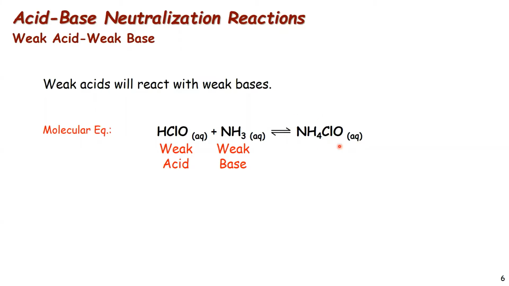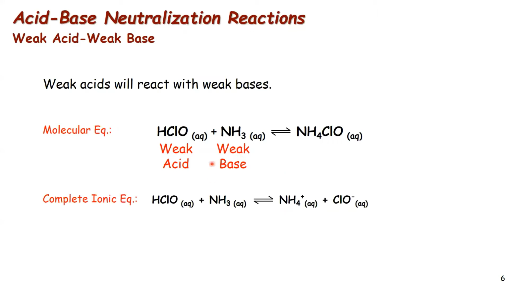Therefore, this is a strong electrolyte, but these are both weak, so they're both weak electrolytes. So we're not going to dissociate weak electrolytes. We only dissociate strong electrolytes. So the weak electrolytes are going to come straight down, and then we will dissociate the strong electrolyte, that being the ammonium hypochlorite. Now you can see in this case, there are no spectator ions. There's nothing on this side of the reaction that is the same on the other side.